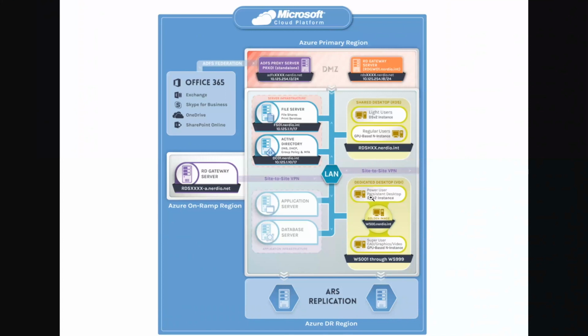It leaves the primary region, enters the on-ramp region, and then leaves again out of the on-ramp region. So you've basically just doubled the cost of your RDP streaming traffic by having an on-ramp region and having a user connect to the on-ramp region.